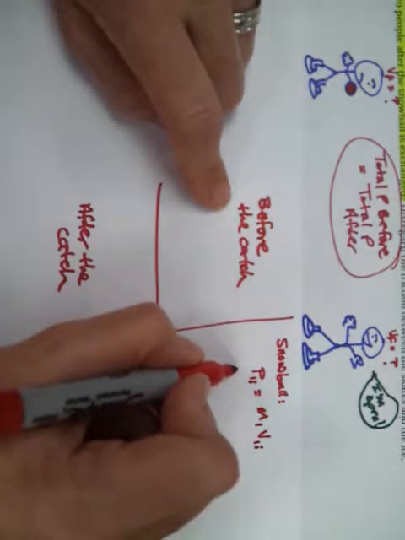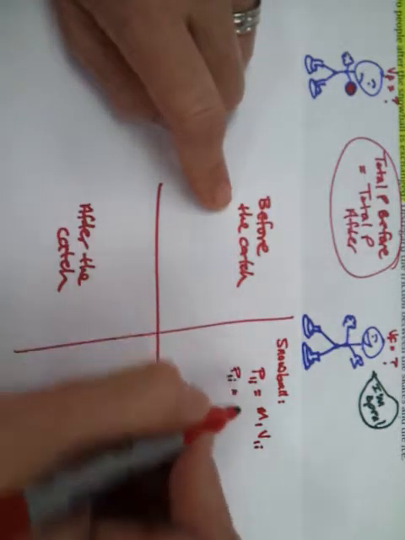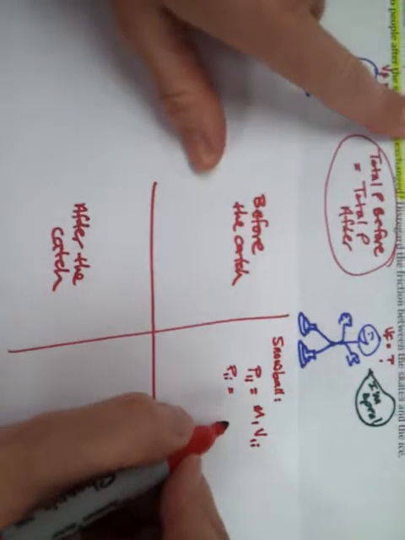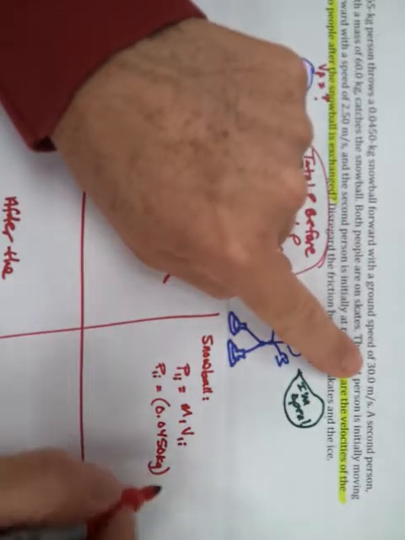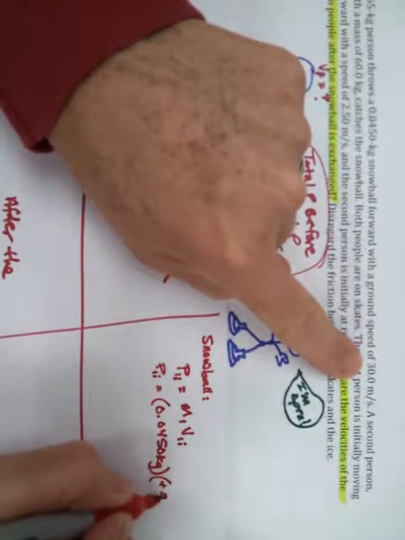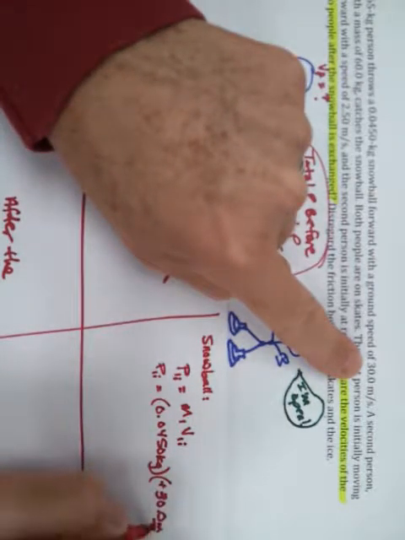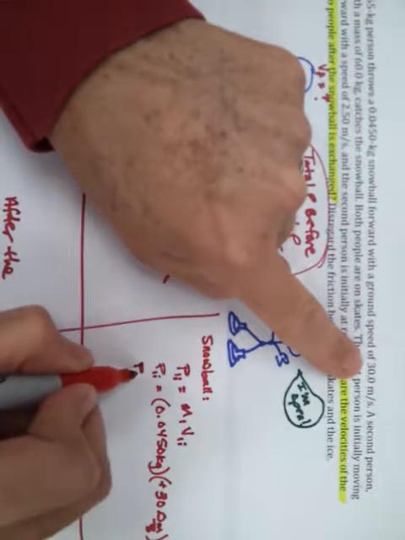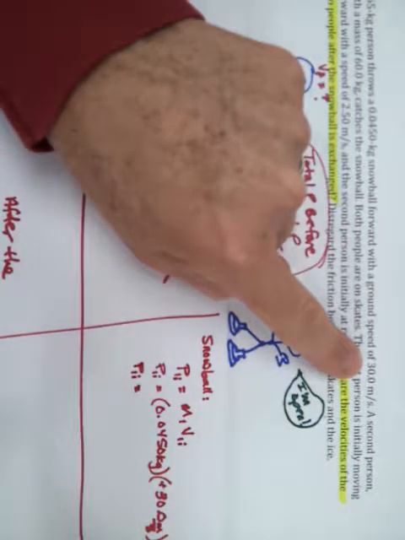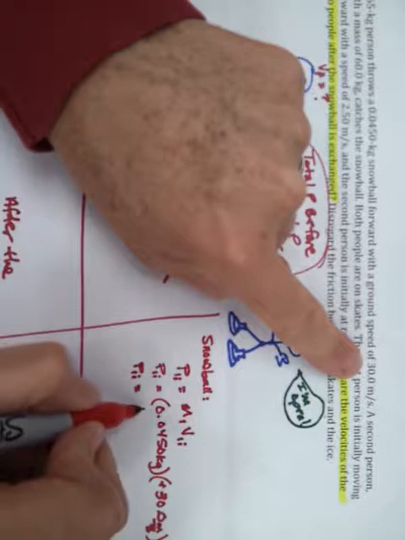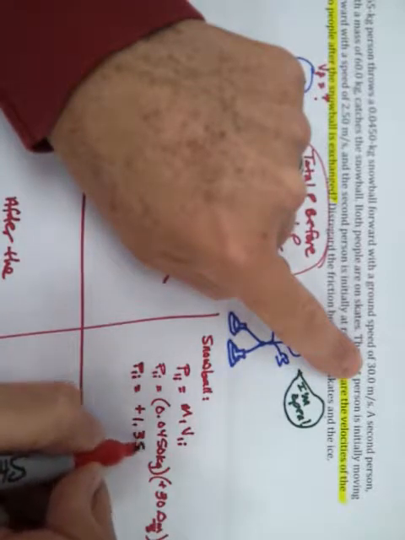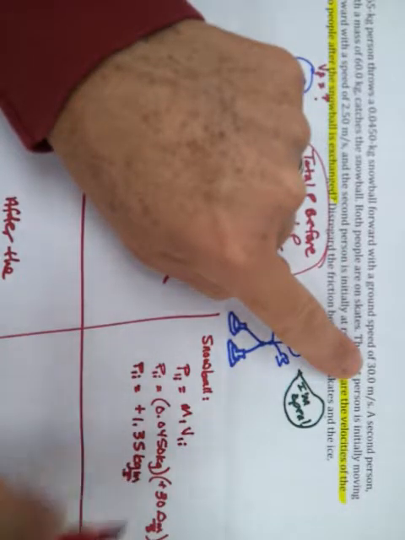So the snowball has a mass, and the mass is 0.0450 kilograms. And its velocity is this, coming into the person. So that gives it an initial momentum of a positive 1.35 kilograms times meter per second.